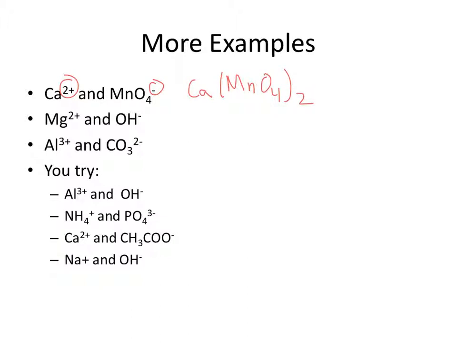Because if you say CaMnO42 without the parentheses, that's saying we have 1 calcium, 1 manganese, and 42 oxygen, right? So that is not right. That's a completely different compound than when we have the parentheses around it. So parentheses, very important. All right, so pause here and give the rest of these a try, and then I'll go over them.